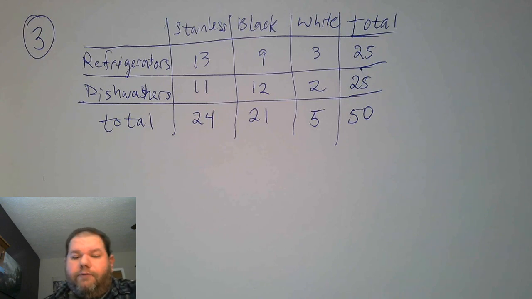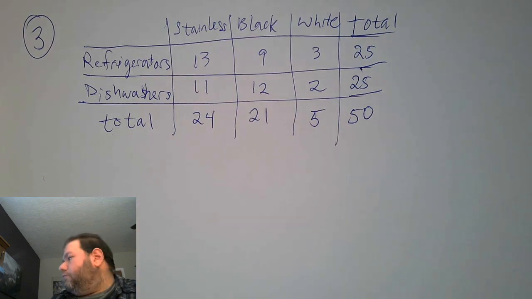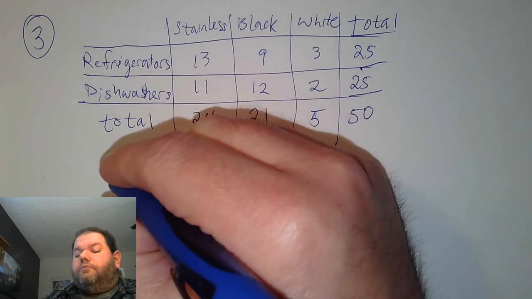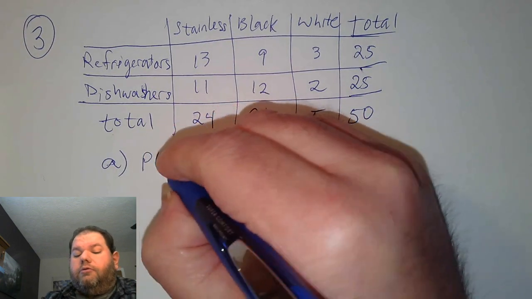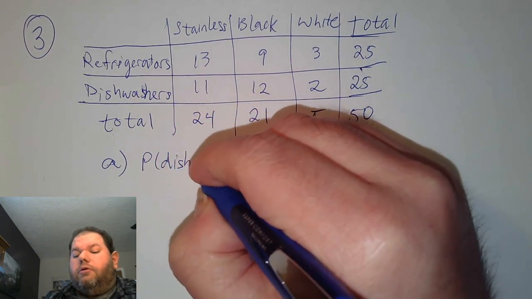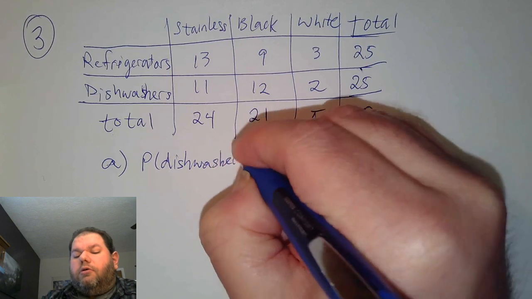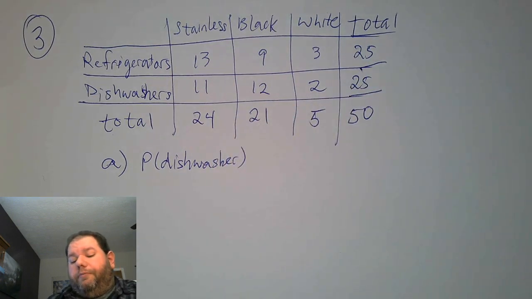Now we have 5 questions based on this table. So A, what is the probability that an appliance selected at random is a dishwasher? Well, if we want the probability that we randomly select a dishwasher, that would be the number of dishwashers out of the total number of appliances.